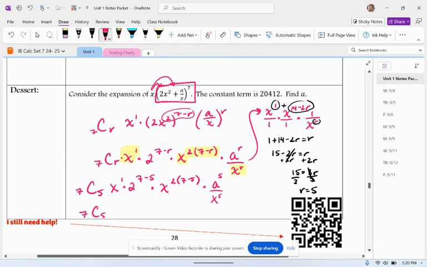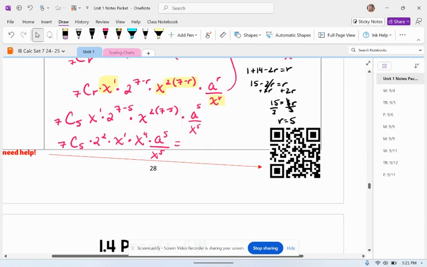I've got 7 choose 5 times 2 to the 7 minus 5, which is 2 squared, times x to the first times x to the 7 minus 5, which is 2 times 2, so 4x to the 4th, times a to the 5th over x to the 5th.